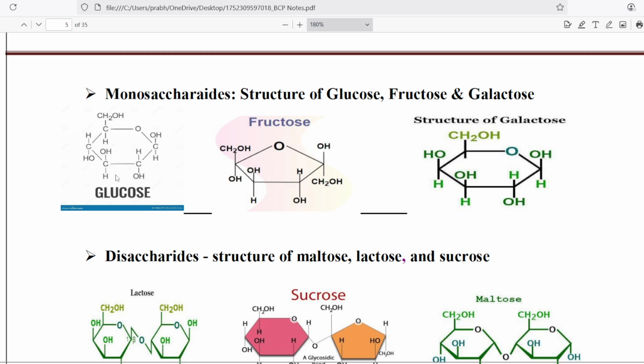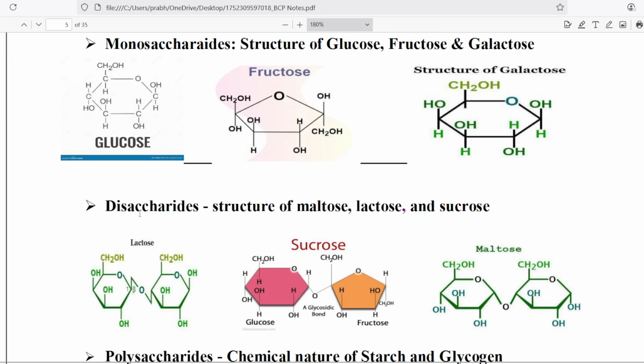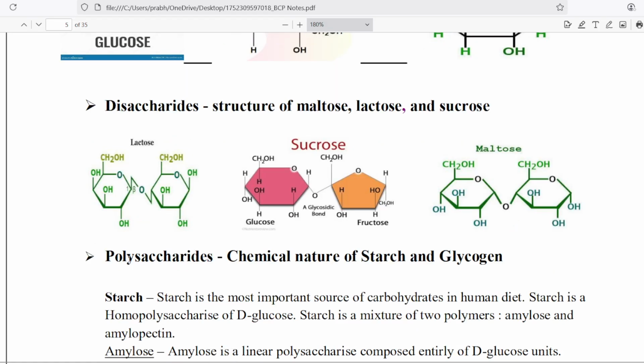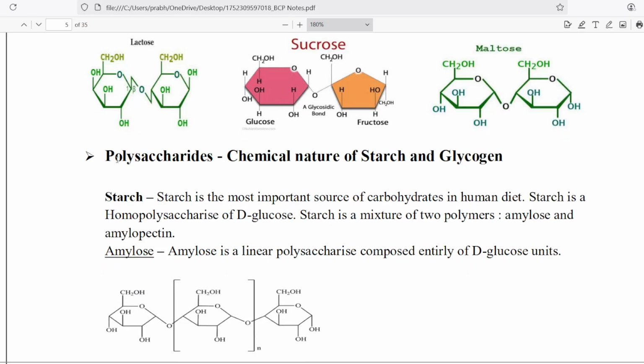This is the structure of glucose, fructose and galactose. Then next is the disaccharide. This is the structure of maltose, sucrose and lactose. Then next is the polysaccharide. In polysaccharide, we will study chemical nature of starch and glycogen.